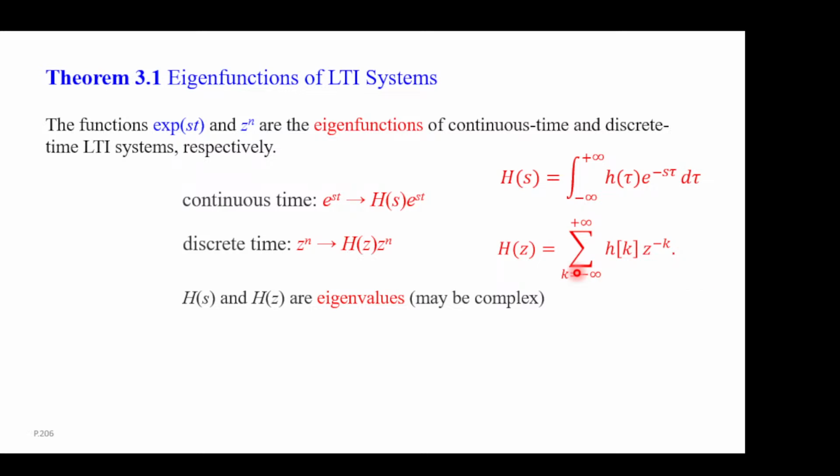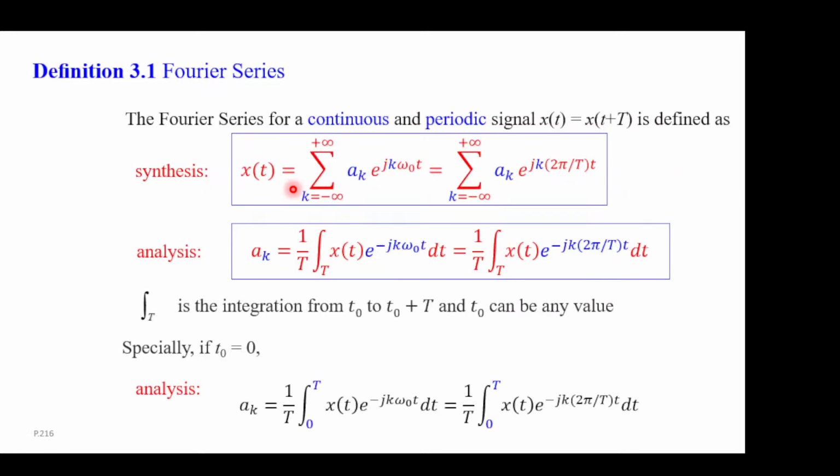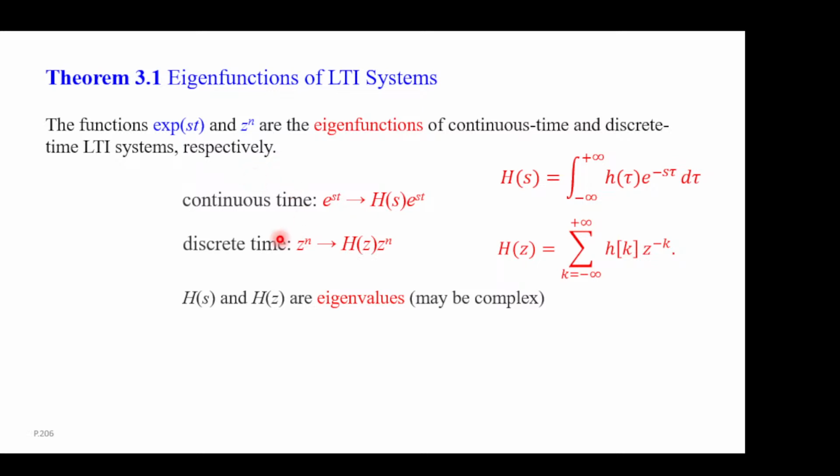So we're seeing that those complex exponentials are very useful for describing our system, because if you can write our signal in terms of complex exponentials, then we can read off the response of the system pretty easily.